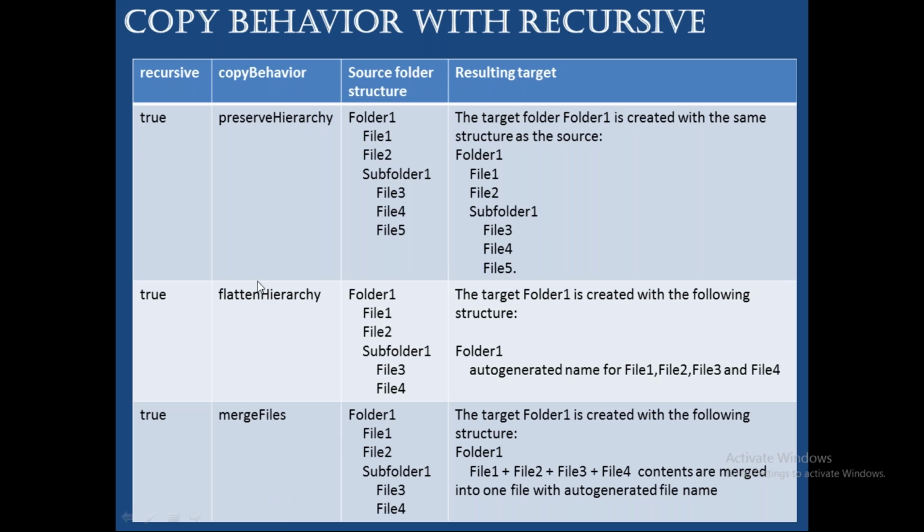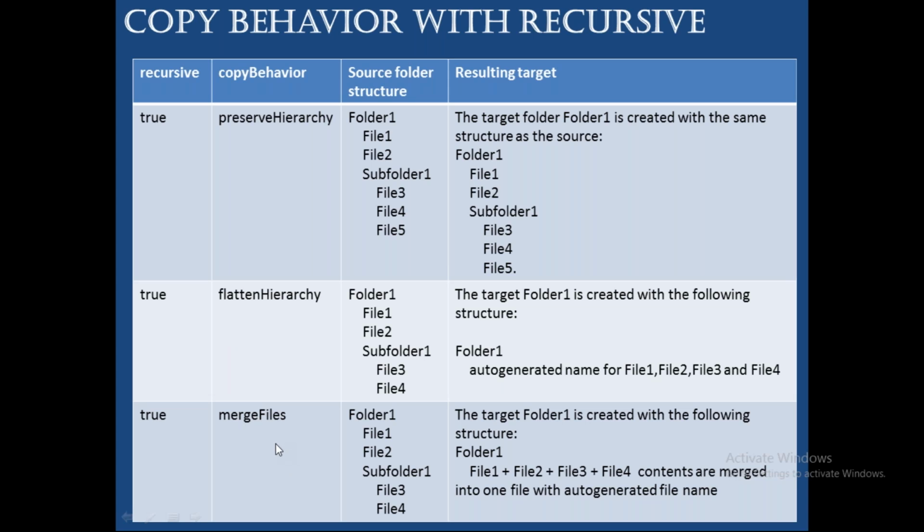You are going to use these options. Copy behavior: preserve hierarchy means exactly whatever structure we have on the source side, it will go to the sink. Flatten hierarchy means if you have any subfolders, those will be removed. All files will come to your level 1, meaning under the root folder. Merge files means it doesn't matter where your file is.